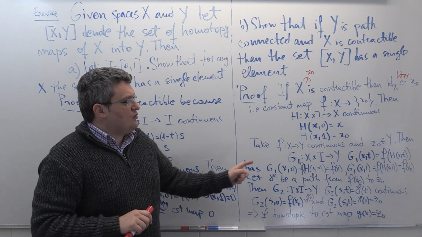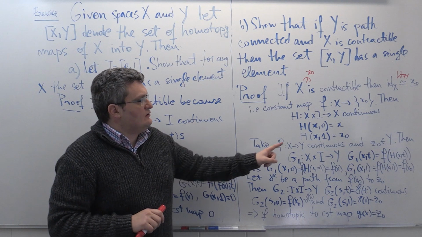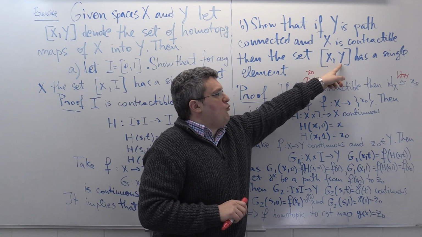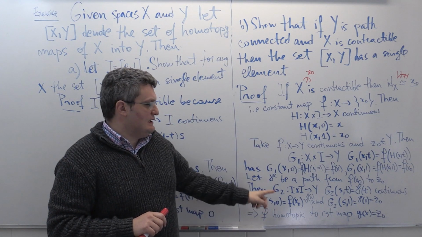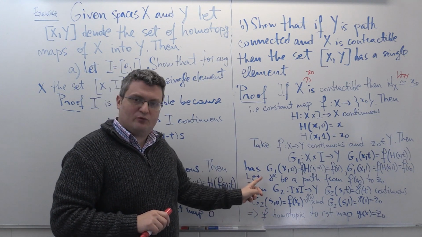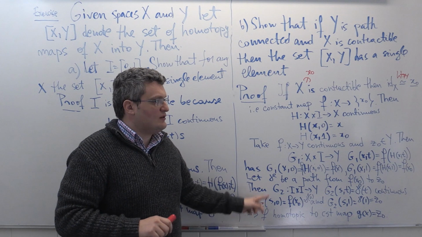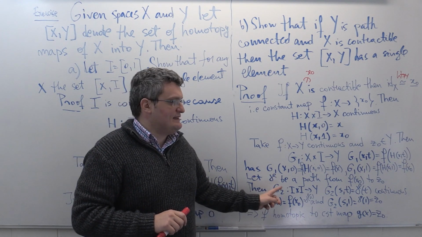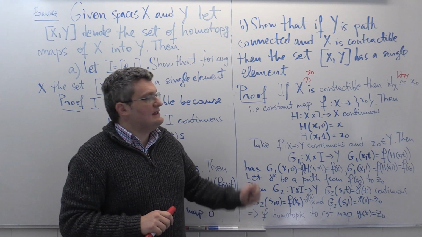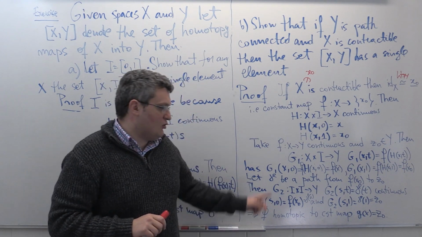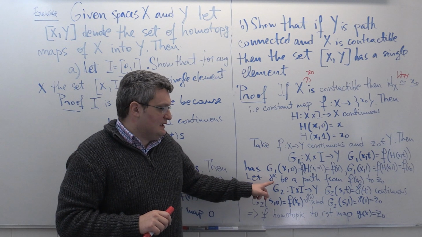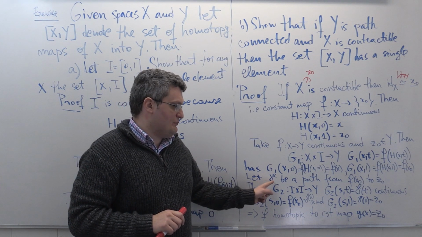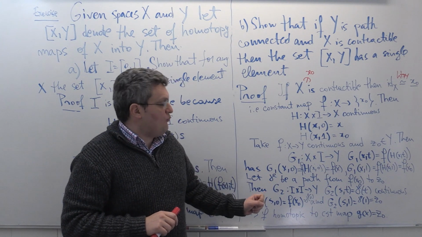Now, the constant map f of x0 gives you an element f of x0 in Y. The next step of the proof will prove that all the constant maps are homotopy equivalent, and this is a result of the fact that Y is path connected.